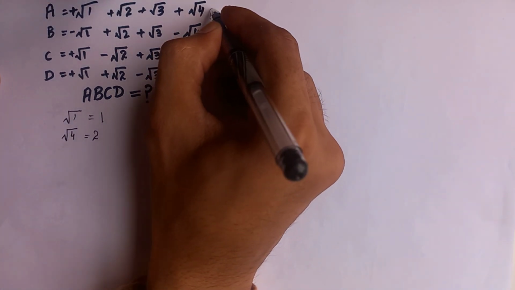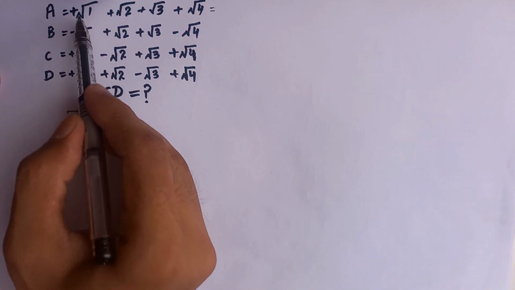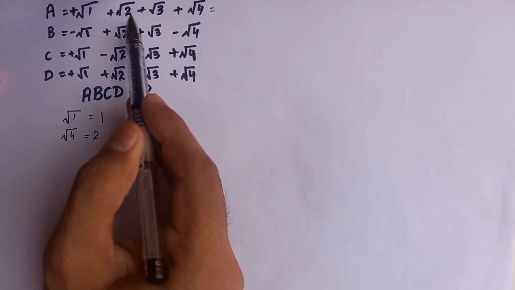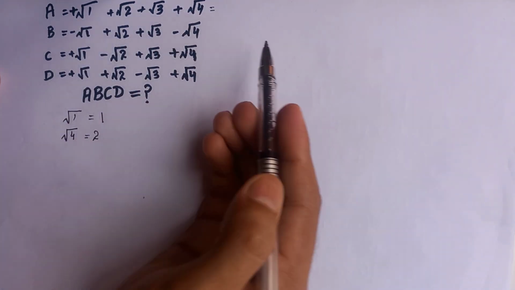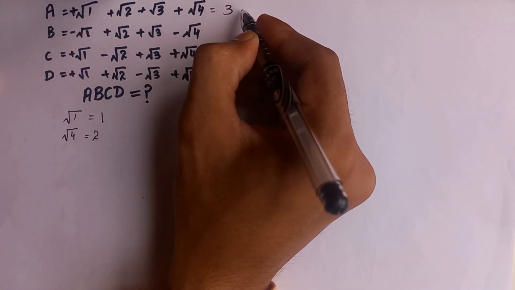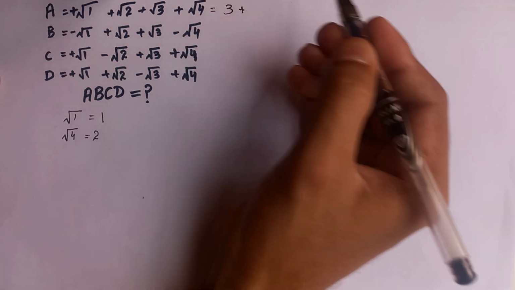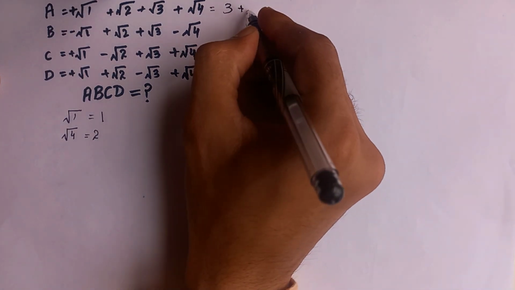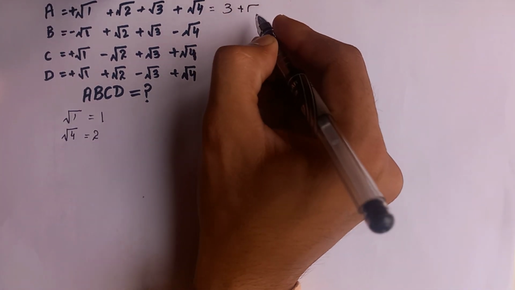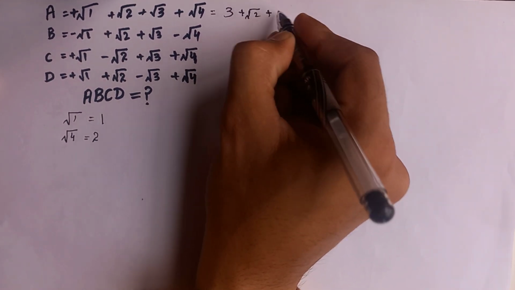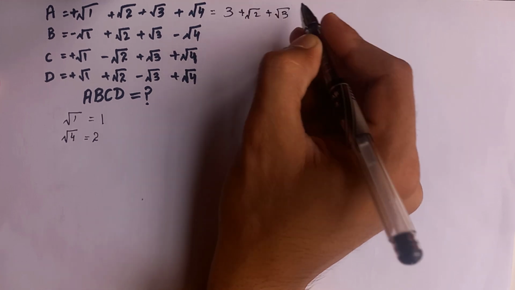So this will become 1 and this will become 2. So 1 plus 2 will be 3. 3 plus root 2 plus root 3.